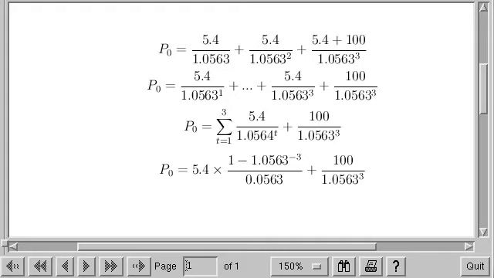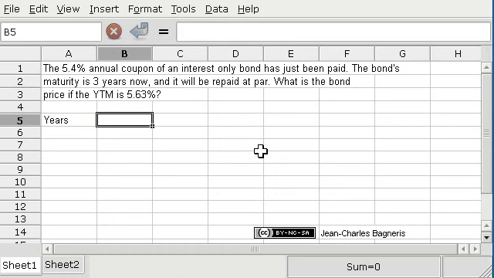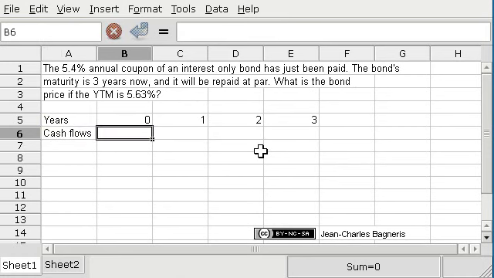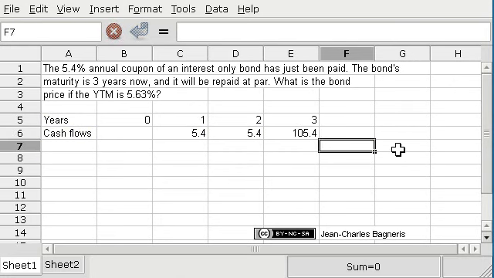And this presentation here is very convenient, especially if you have many years remaining. Now let's do the calculation. So here first I put it that way. Years 0, 1, 2, 3, cash flows. Nothing, we're looking for the price. 5.4, 5.4, 100 plus 5.4. Okay, I need the rate, I put it here. 5.63%.